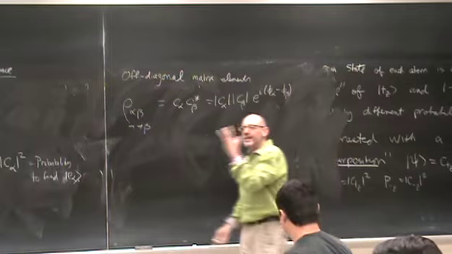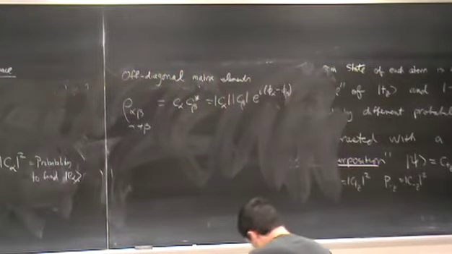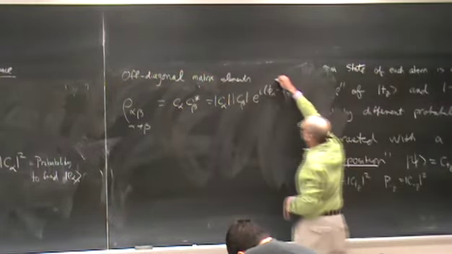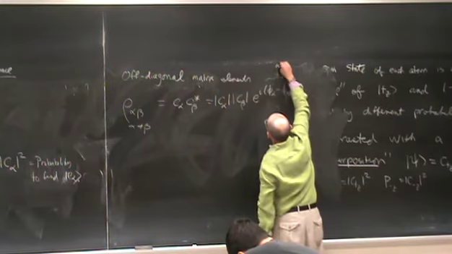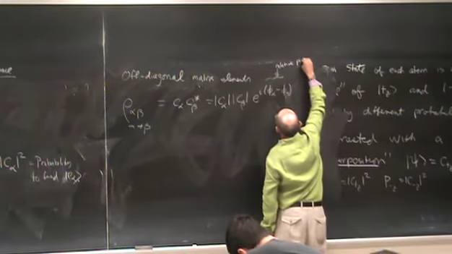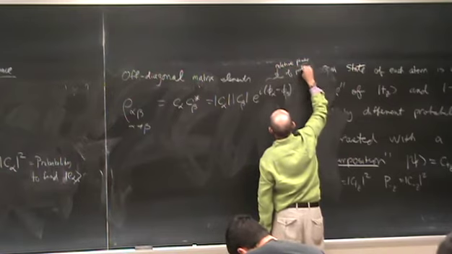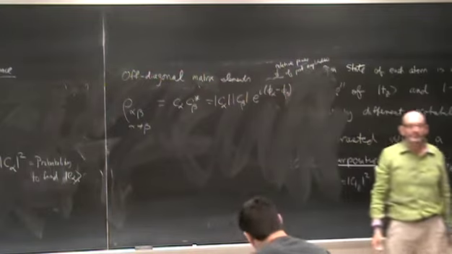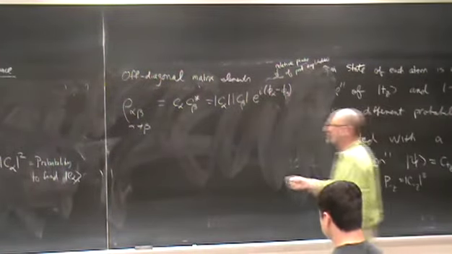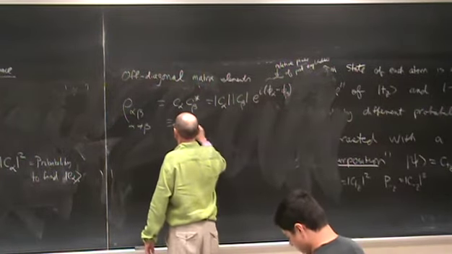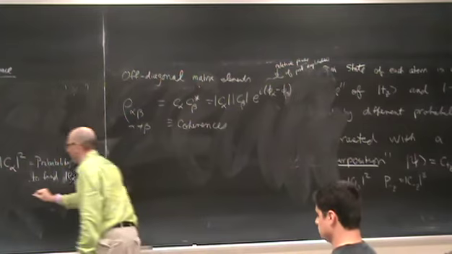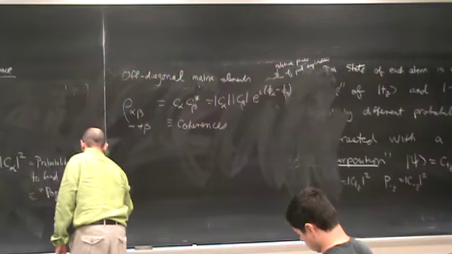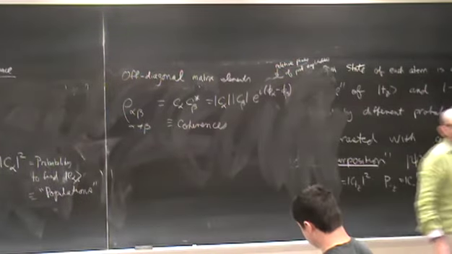The off-diagonal elements capture the interference because they have something to do with the relative phases. Okay? So they are the coherences. That's what we call them. The diagonal elements are sometimes called the populations. Kind of stupid name.